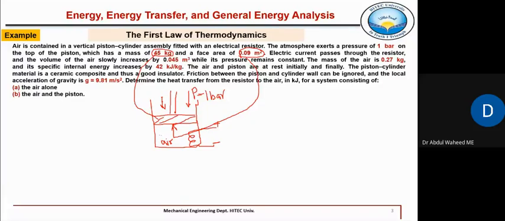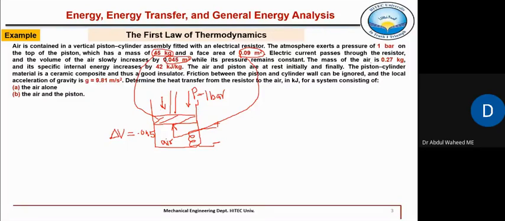After some time, the volume of this air increases by delta V, which is given as 0.045 meter cubed, right? While its pressure remains constant. The pressure of this air during this volume rise remains constant, right? The ambient pressure, which is exerted on this air, is constant.